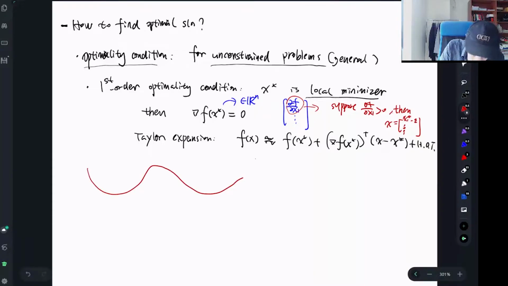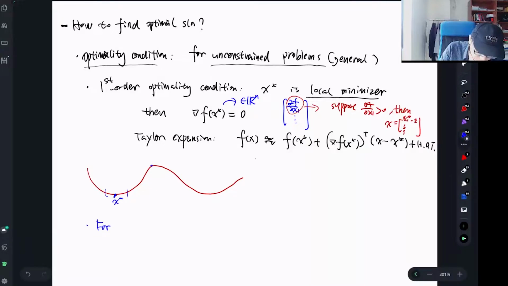But this can only tell you this is a local minimizer. Around this x star, this is the best, and there's no other nearby x that has a smaller cost. Gradient at x star equal to 0 can also tell us this is a maximizer as well, so we cannot tell. So here is an important fact of convexity.